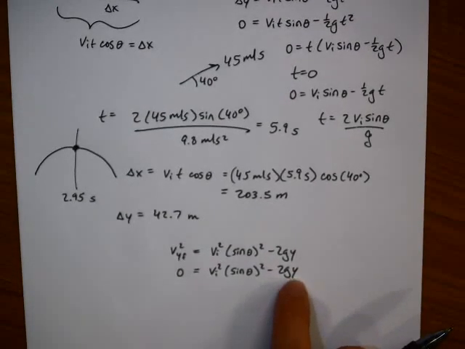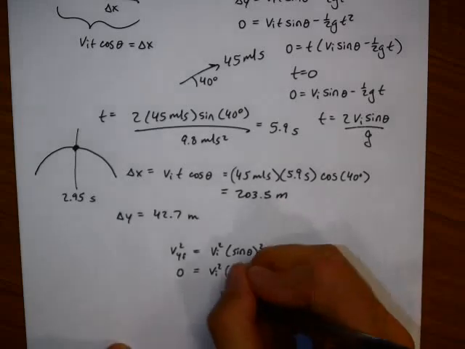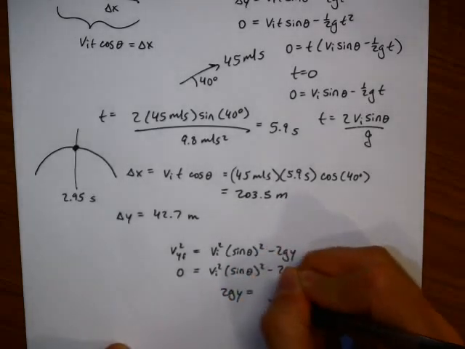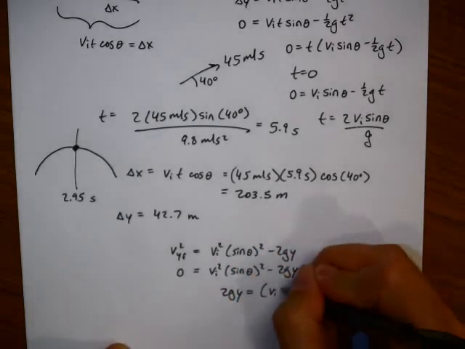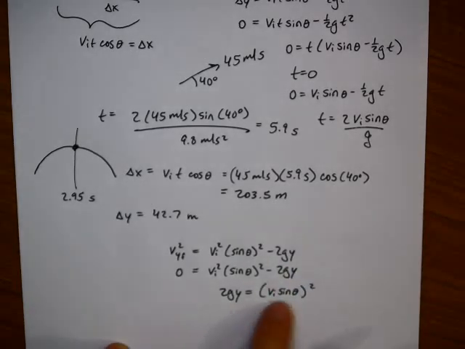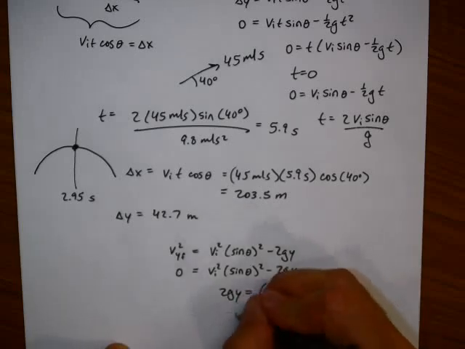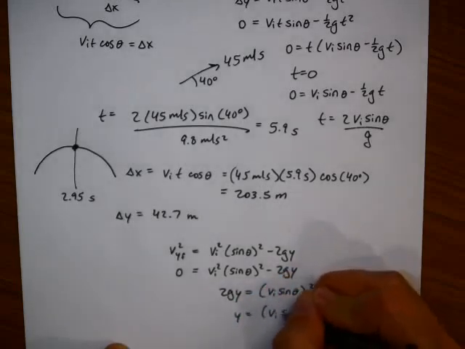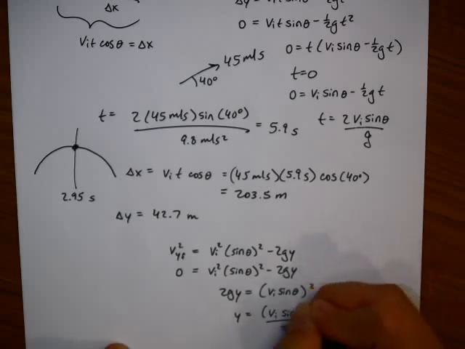Okay? I always advise you to solve this for the variable before plugging in the numbers. We could add 2gy to the other side and get that. You okay with me doing that? Both the vi and the sine theta are getting squared. So y equals (vi sine theta) squared over 2g.